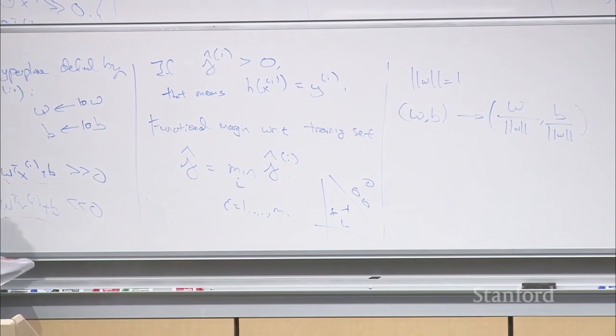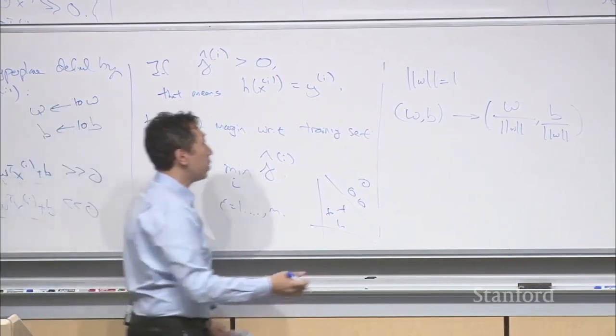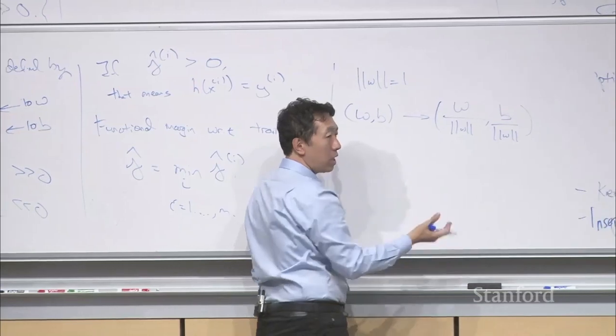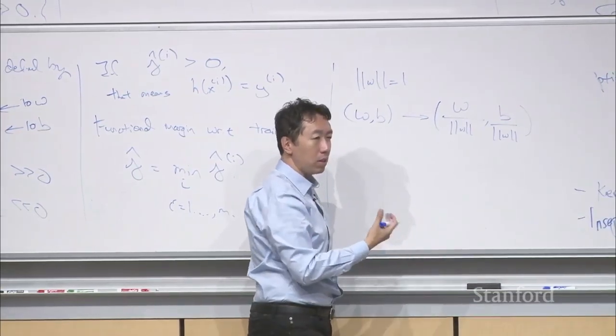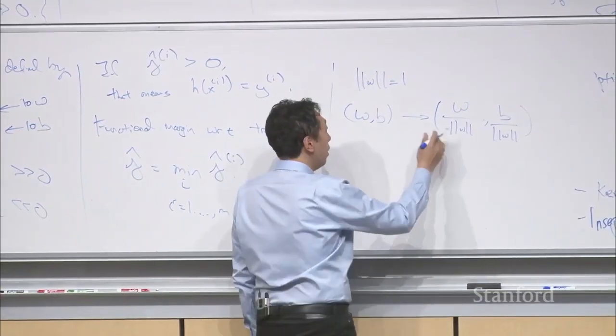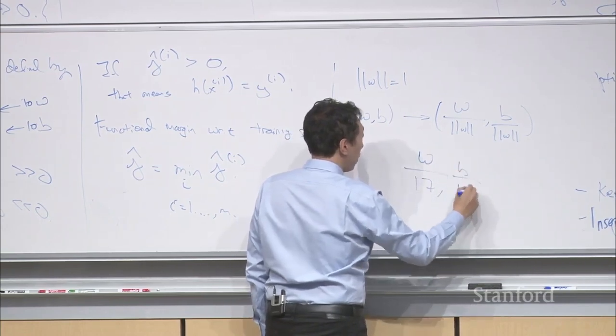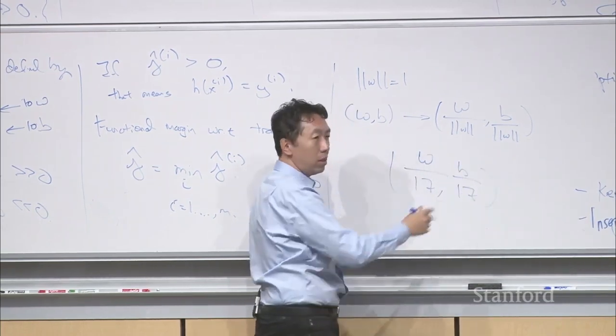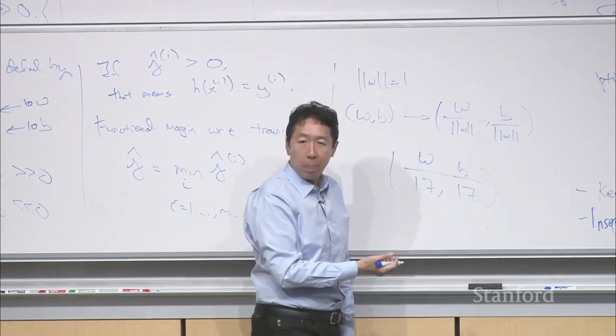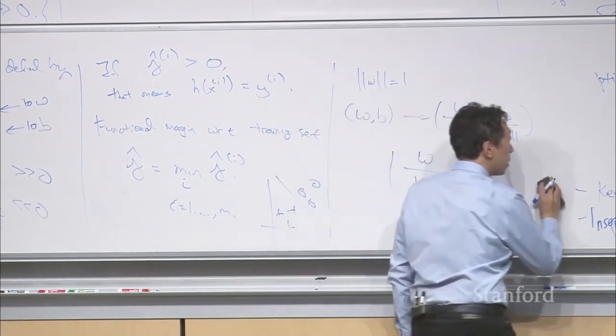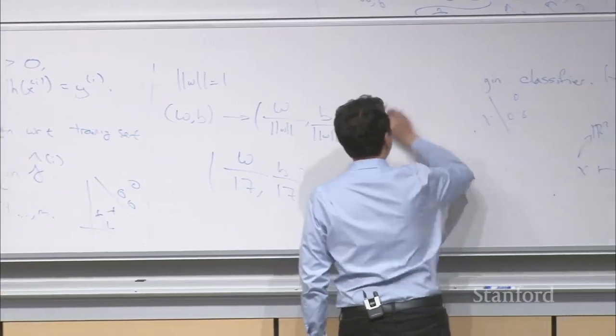More generally, you could scale W and B by any other value you want, and it doesn't matter. You could replace them with W over 17 and B over 17, or any other number, and the classification stays the same. We'll come back and use this property in a little bit.